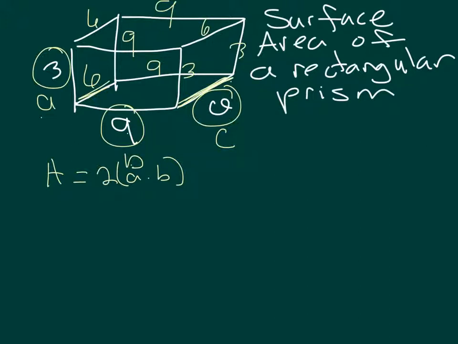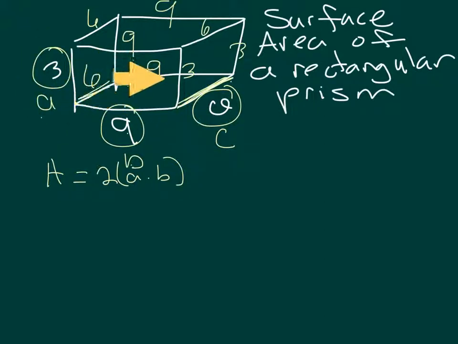Okay, so the reason it's A times B is because over here it's A times B. So it's actually taking the width of this rectangle times the length of this rectangle, 3 times 9, because the area of a rectangle is base times height, or length times width.